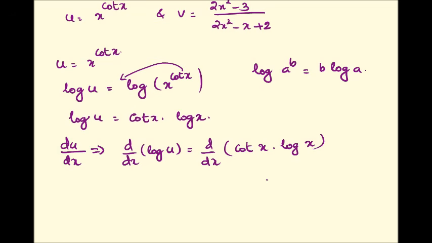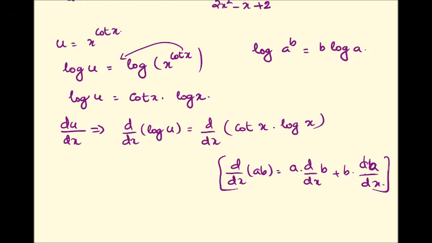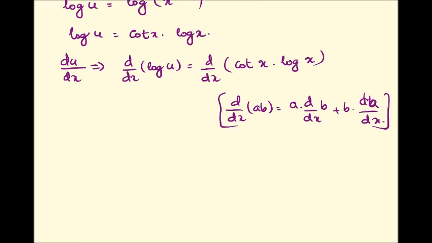So this is in the form d by dx of ab, that's equal to a into d by dx of b plus b into d by dx of a. Product rule and chain rules we are applying here.